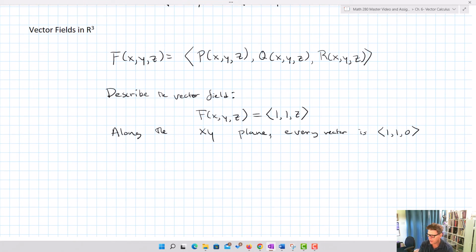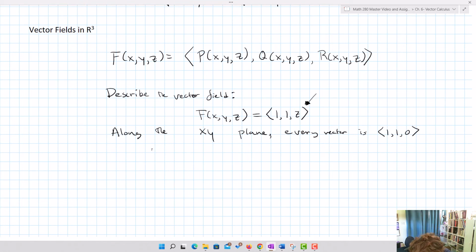So everywhere along there, we end up having the vector 1, 1, 0. As we move upward on the z-axis, our vectors are actually going to get larger because z is going to get larger, so that's going to increase our magnitude. And in fact, we're going to be moving in the z direction, so they're going to be moving outward in the z direction. That's actually going to be the increase. We're going to go upward in the z direction.